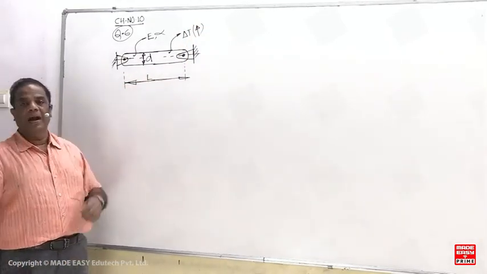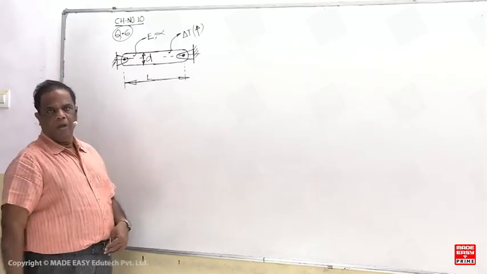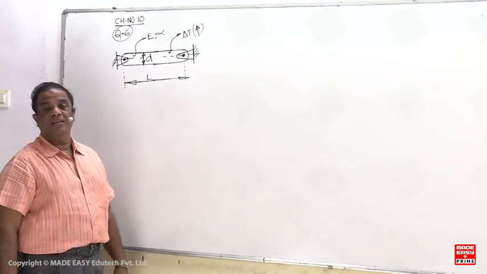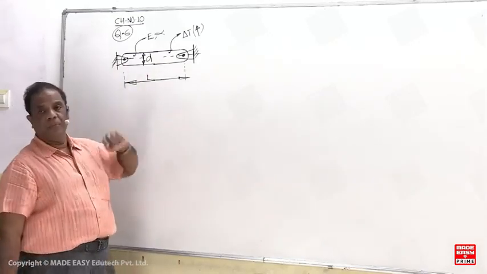How many end conditions have you studied now? Both ends fixed, both ends hinged, fixed and hinged, and fixed and free. But here it is given hinged at both the ends.